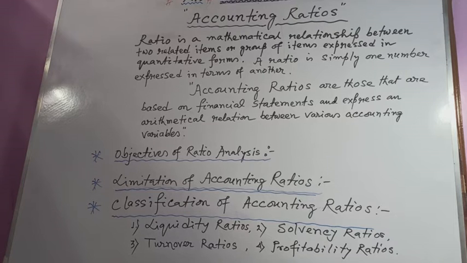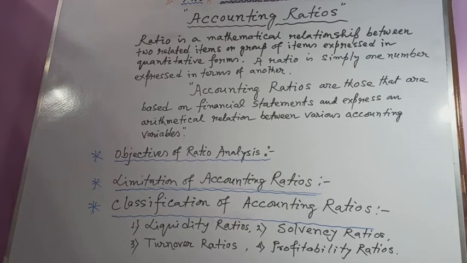Ratios only discuss quantitative figures, but ignore qualitative factors, which are also essential for interpretation. Another limitation, ratios alone are not adequate for proper conclusions. That means ratios derived from analysis of standards are not sure indicators of good or bad financial position and profitability of the firm. These are the main limitations of accounting ratio.